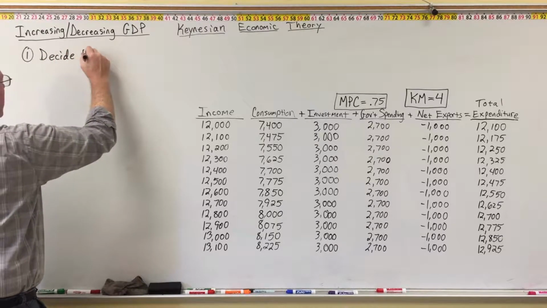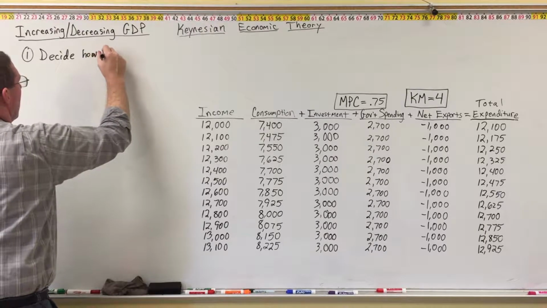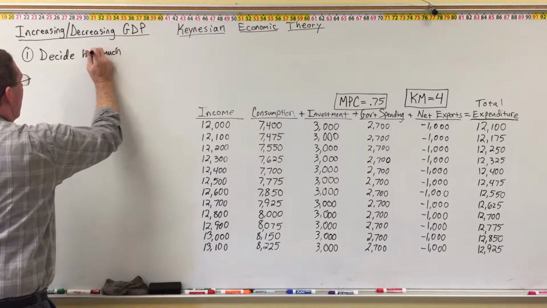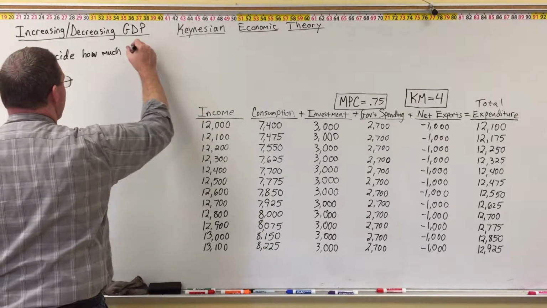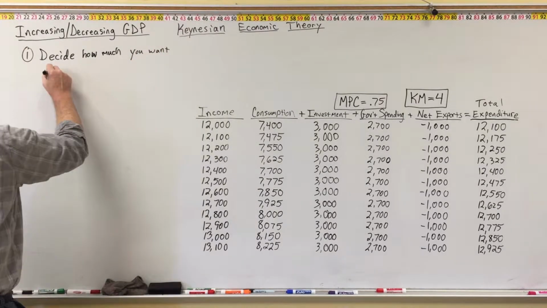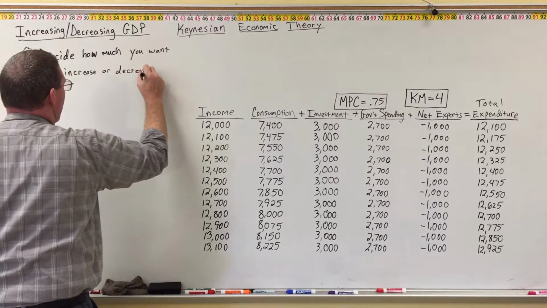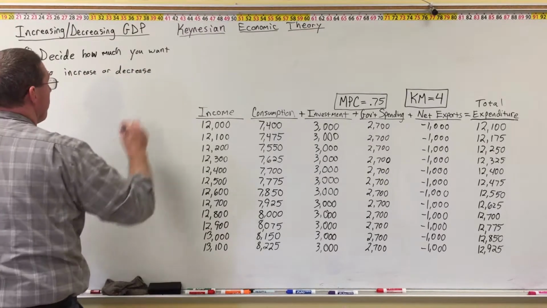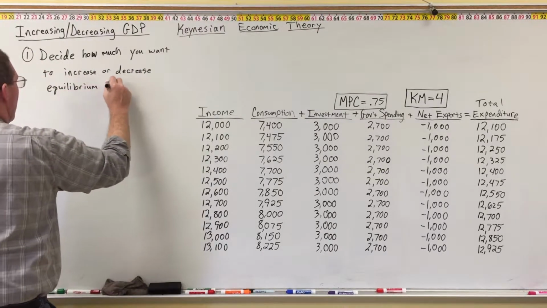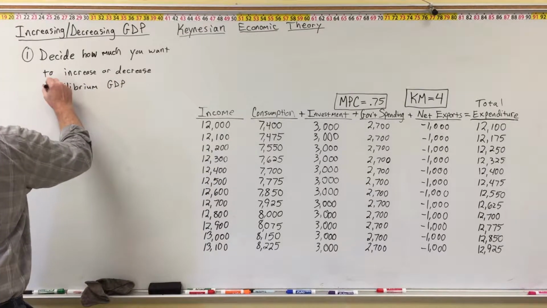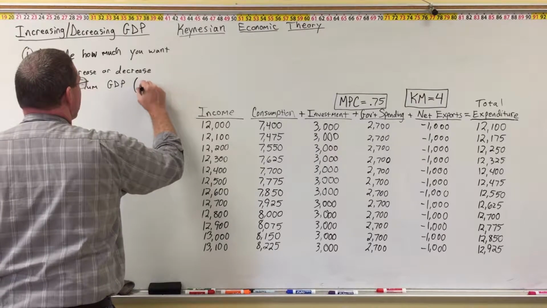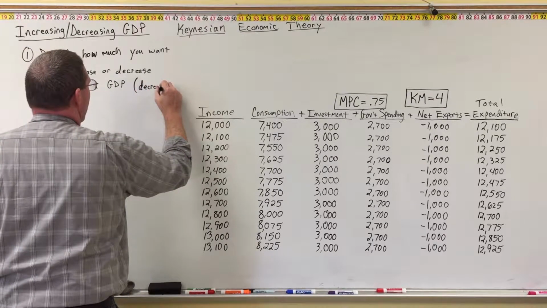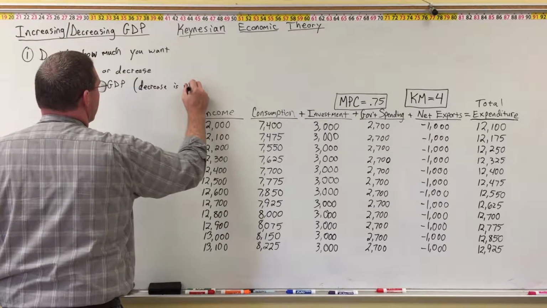Decide how much you want to increase or decrease equilibrium GDP. Now, if you're decreasing, that's going to be a negative number. Decrease is negative.